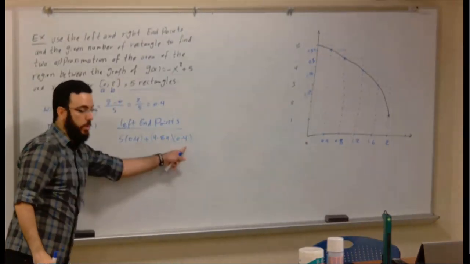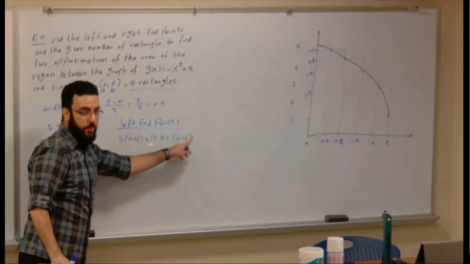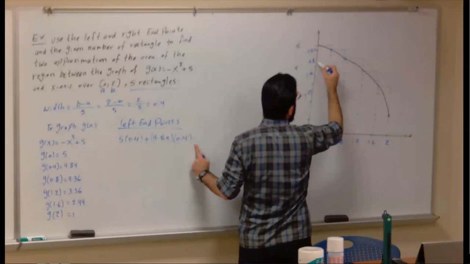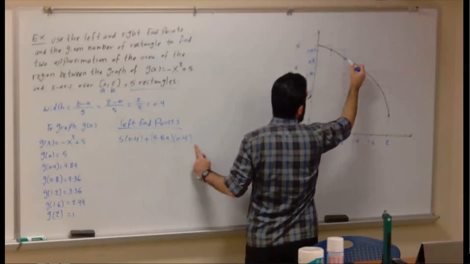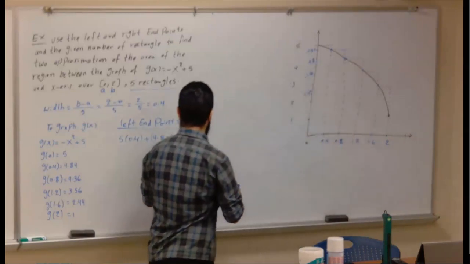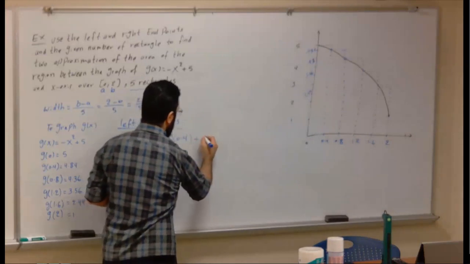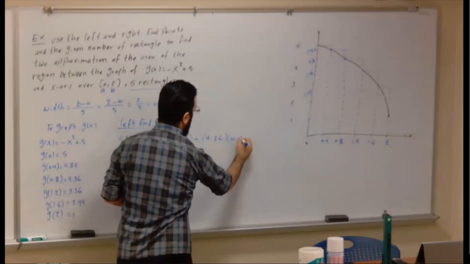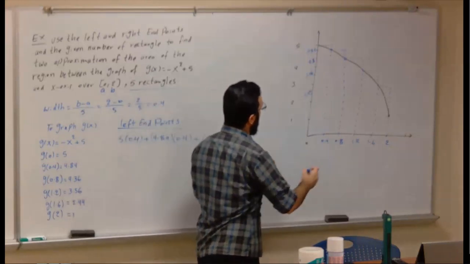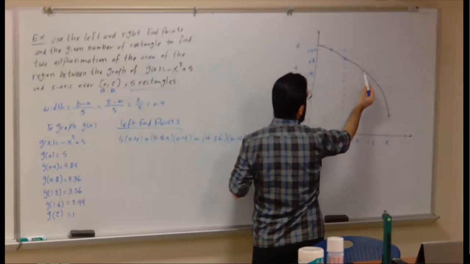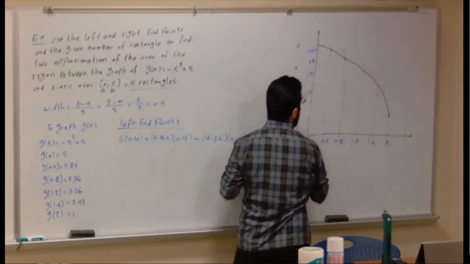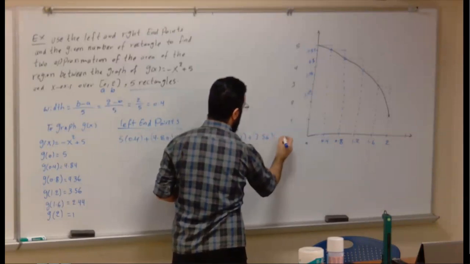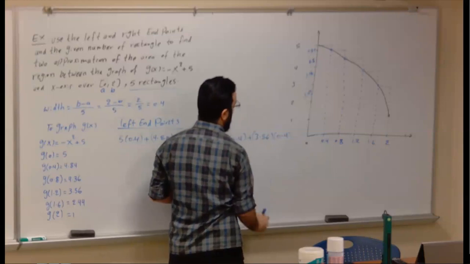You see the same width for each rectangle. The length for the third rectangle is going to be 4.36, and the width is also 0.4. So it's going to be plus 4.36 times 0.4. I keep going. The length for the next rectangle is going to be 3.56, plus 3.56 also times 0.4.